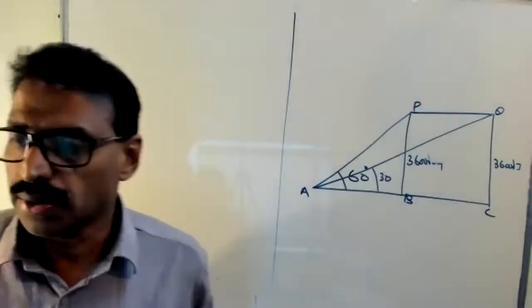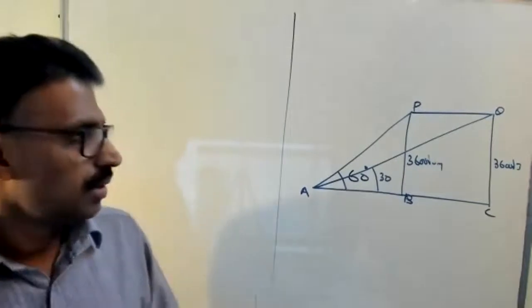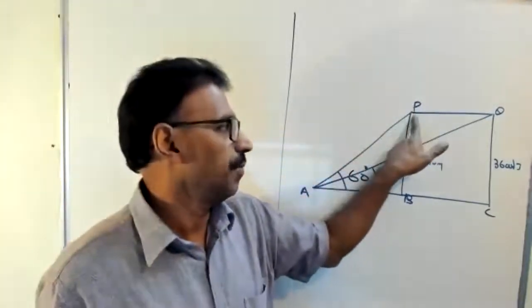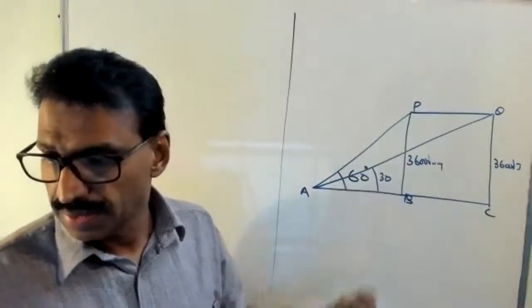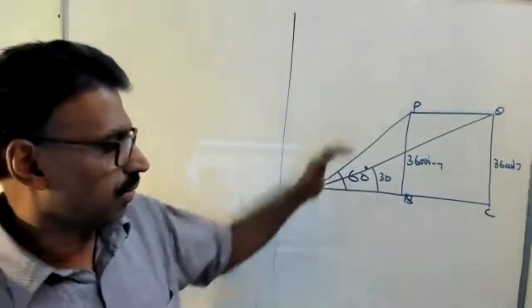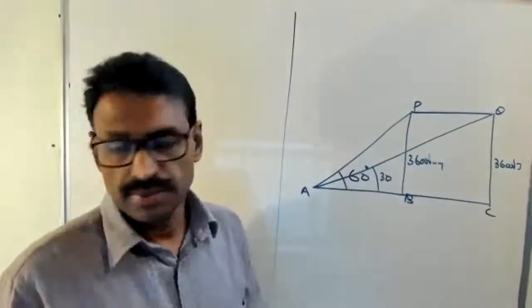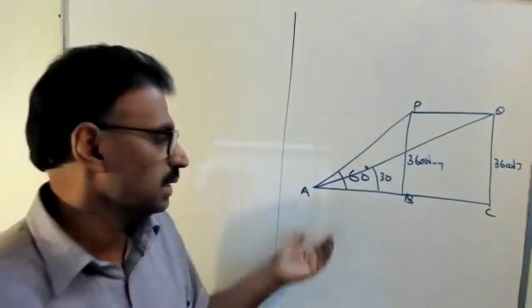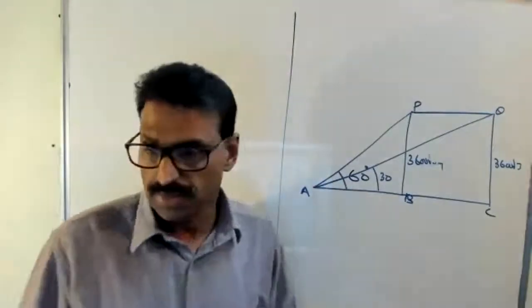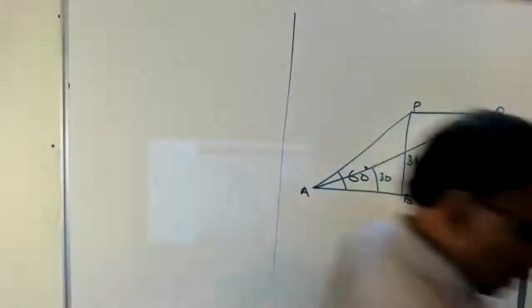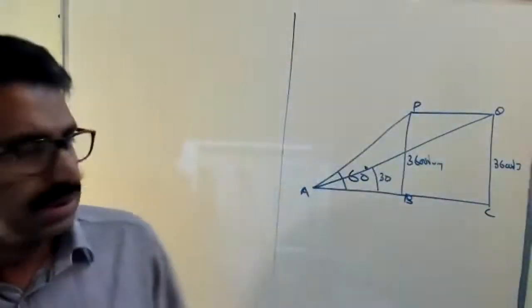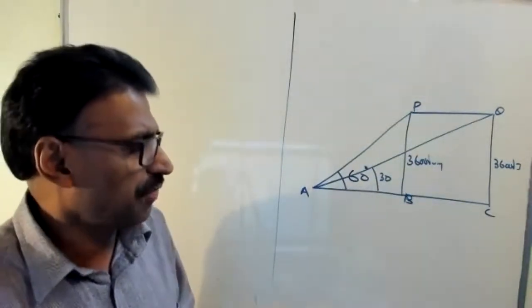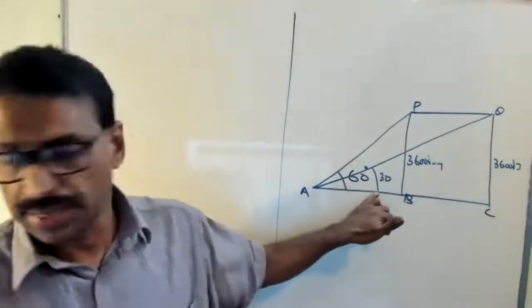Once again, originally the flight is at P. That time the angle of elevation is 60 degrees. Then after 30 seconds, the angle of elevation changes to 30 degrees.